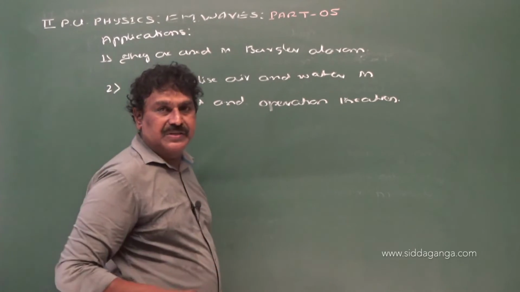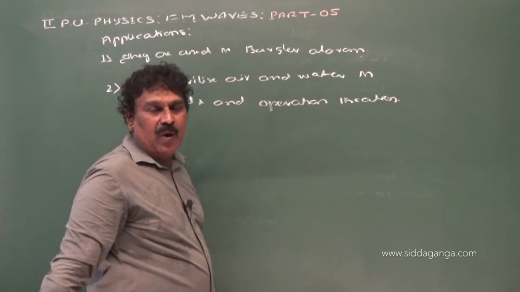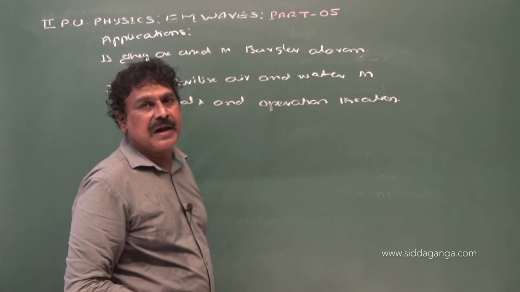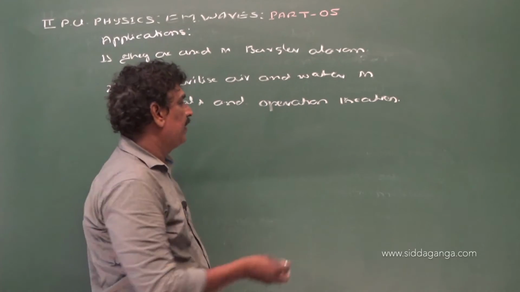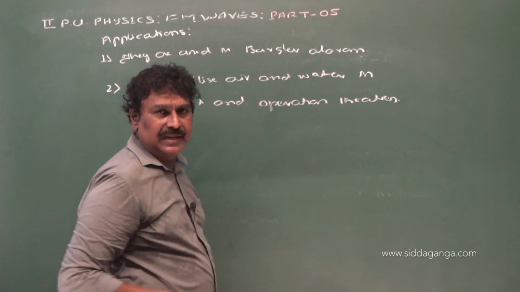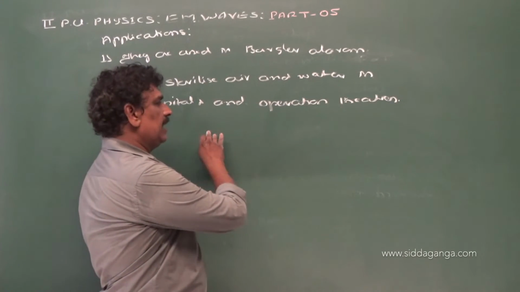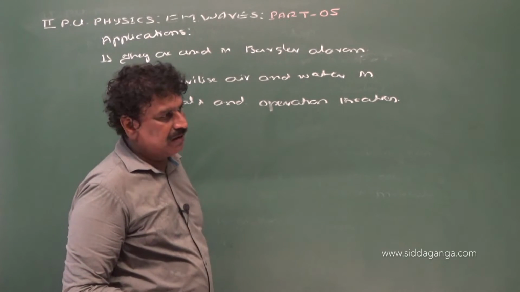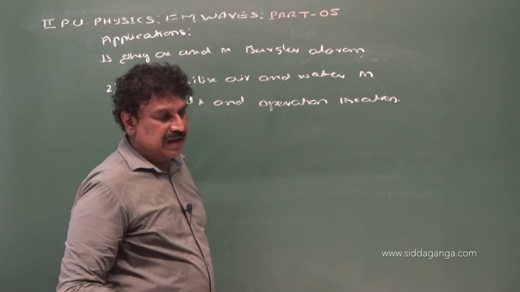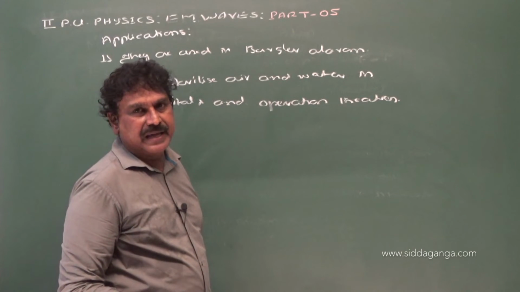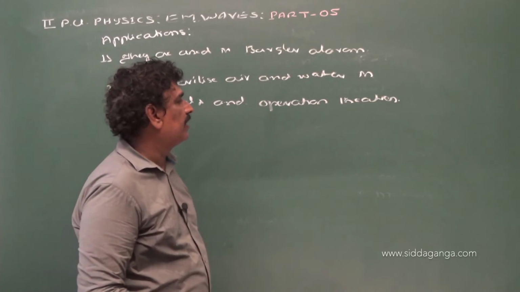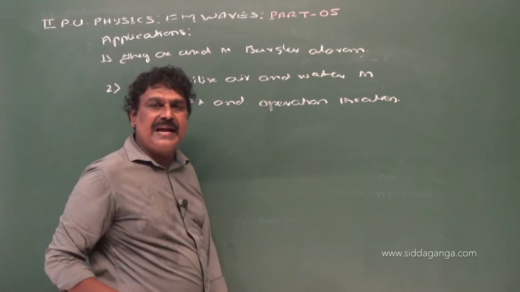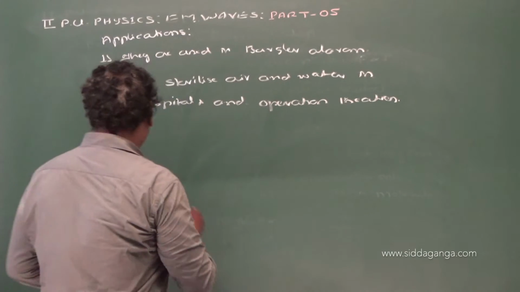So, this property is used to sterilize air and water. When air and water are exposed to ultraviolet radiation, the bacteria can be killed, and they are used in hospitals and theatres. Earlier, to get sterilization of surgical equipments, we were using hot water. Nowadays, we are using ultraviolet radiation even to sterilize surgical equipments, including air and water in hospitals and operation theatres.